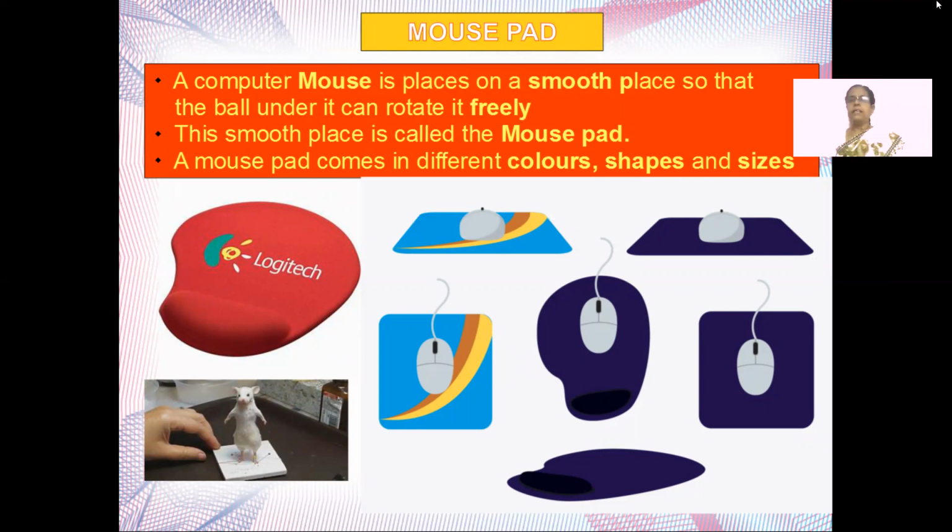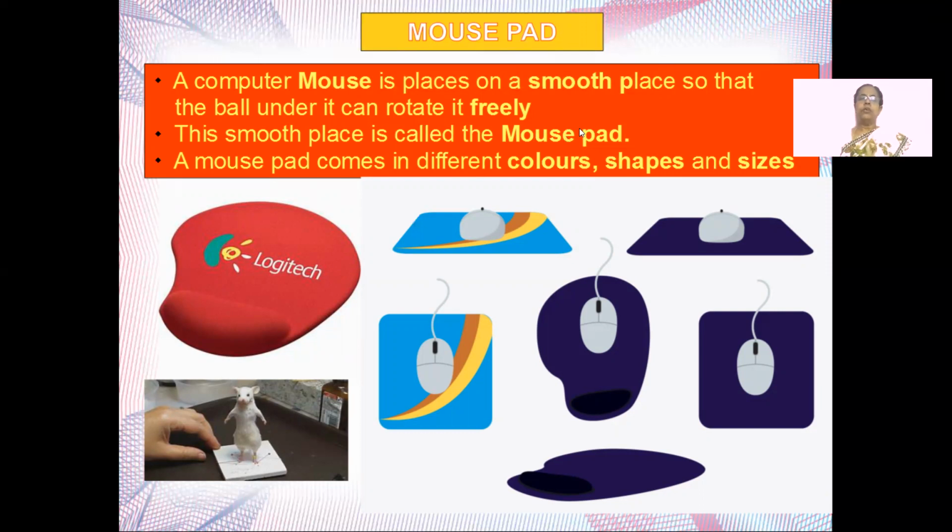The mouse pad is a smooth pad, and we have to place the mouse on this smooth pad because it has a ball under it which helps the mouse to rotate freely. See, I can move anywhere I like because I'm putting the mouse on a mouse pad.